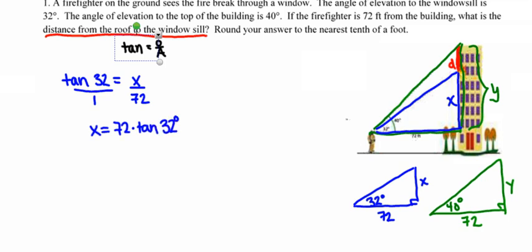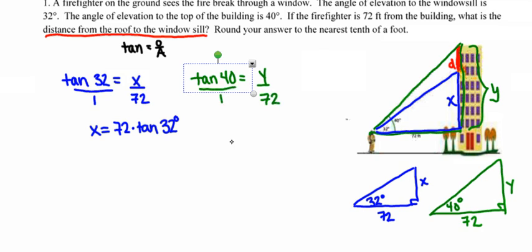I'm going to stop right here and do some work on the green triangle now. I've got a value for my x. It's kind of an abstract value because I'm leaving it in terms of tangent so that I'll have an exact value. But I've really done as much work with that blue triangle as I possibly can. In the green triangle, my angle is 40 degrees, so I've got tangent of 40 equal to the leg opposite, which in this triangle is y, over the leg that's adjacent, 72.